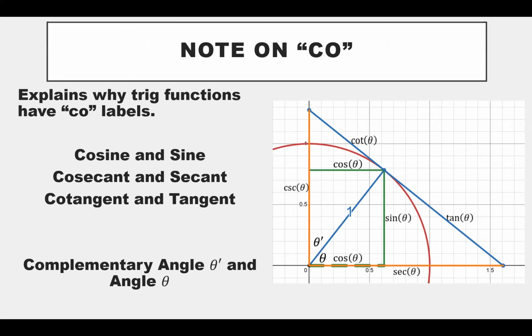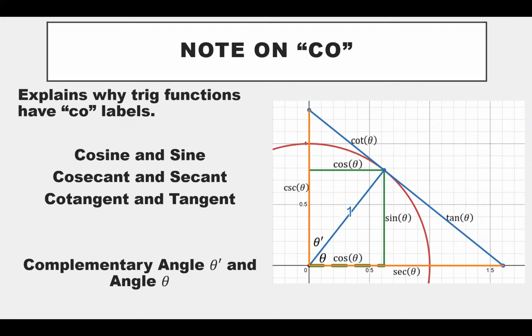You may have noticed that all of our trig functions are paired. We have a sine and then also a cosine, a secant and then also a cosecant, a tangent and a cotangent. Well, the language actually comes from the complementary angle. So the co prefix is actually referring to complementary angle.